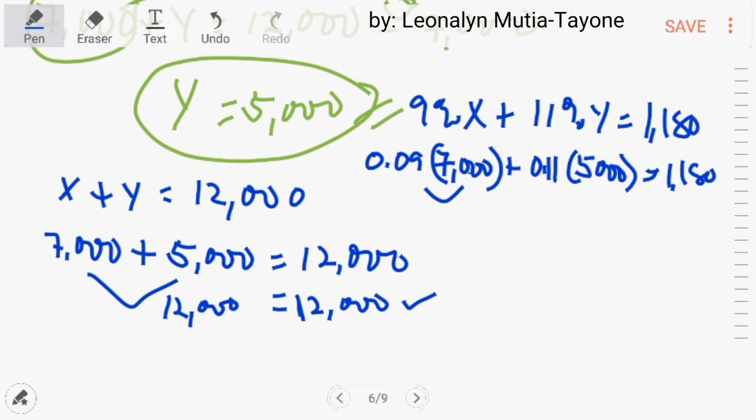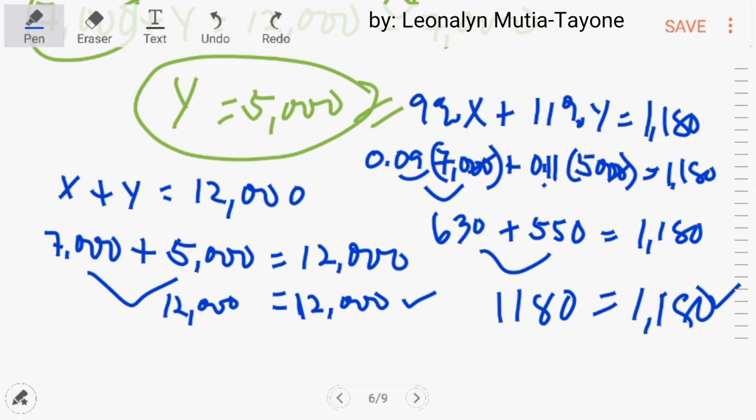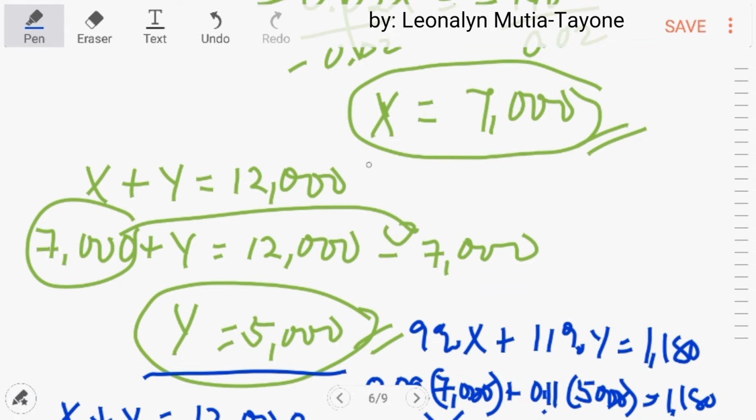This is 630, plus ito naman 550. So, 1,180. Kung i-total mo to, that is 1,180. So, that means, tama yung y is equivalent to 5,000 and x is equivalent to 7,000.